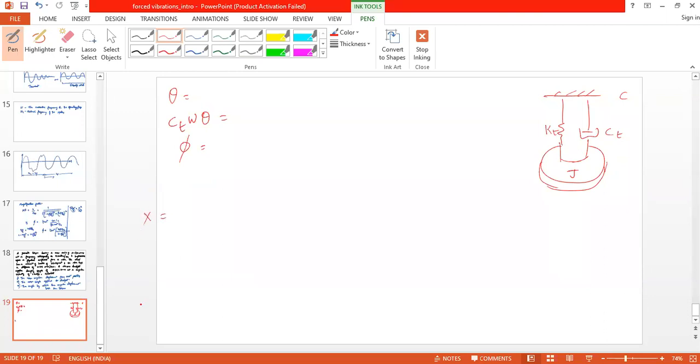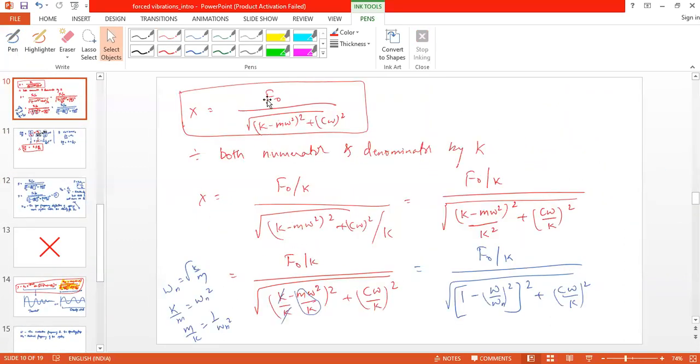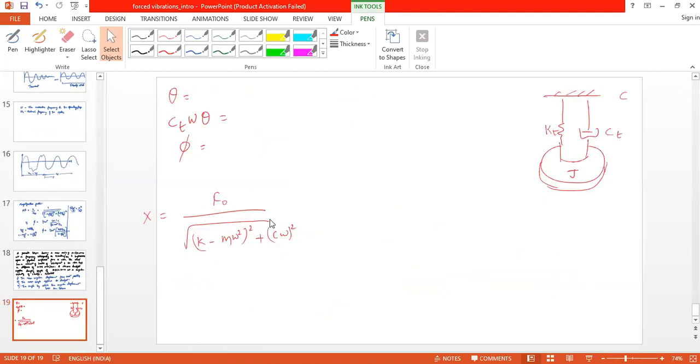Can you recall the expression for X? X is equal to S0 by root of (K minus M omega square) whole square plus (C omega) whole square. Can you rewrite this equation for the torsional system?